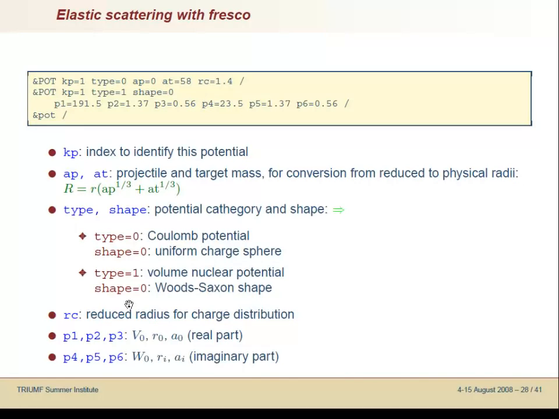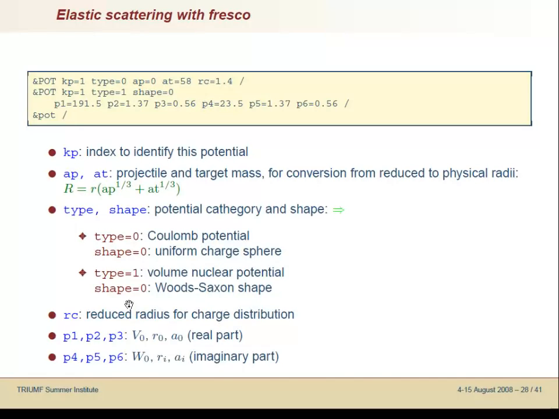So for the nuclear part, we also have to define some reduced radii, and the criterion will be the same, this one here. As I said before, we have 6 parameters, P1 to P6. P1, P2, P3 correspond to the parameters of the real part, in this case for the Coulomb-Saxon, and 4, 5, and 6 to the imaginary part.